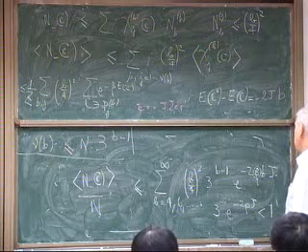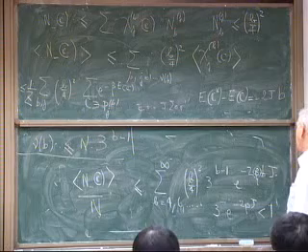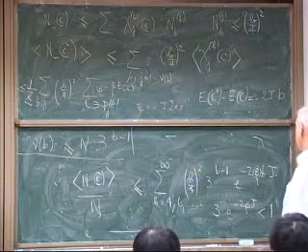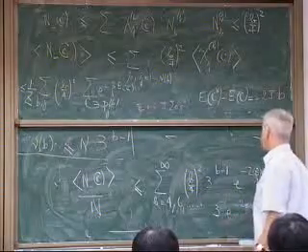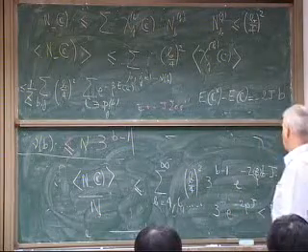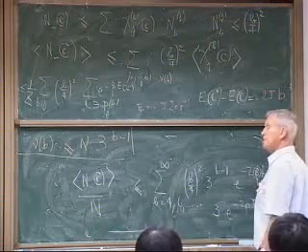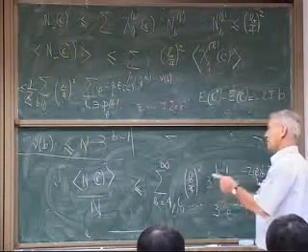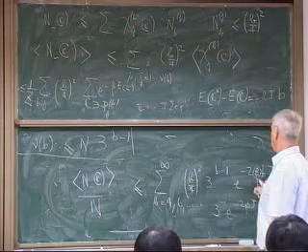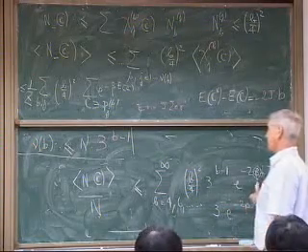So it's certainly not valid at high temperature. At low temperature, beta is large, this inequality is satisfied. If beta is large, this is a function of beta which decreases when beta increases.